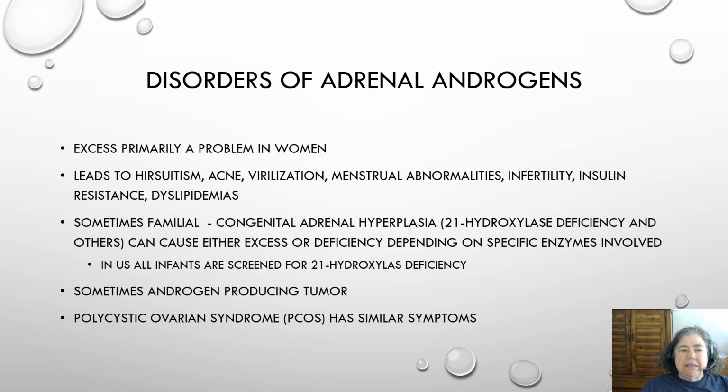So there is something that is called congenital adrenal hyperplasia. And depending on the enzymes that are affected, that are involved in the production of adrenal androgens, you can get either high or low levels of adrenal androgens. 21 hydroxylase deficiency, which is a congenital issue, is one of the many conditions for which there is universal newborn screening from those heel sticks.